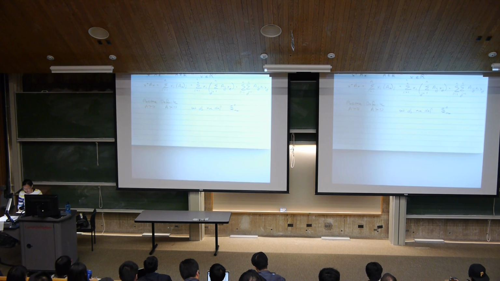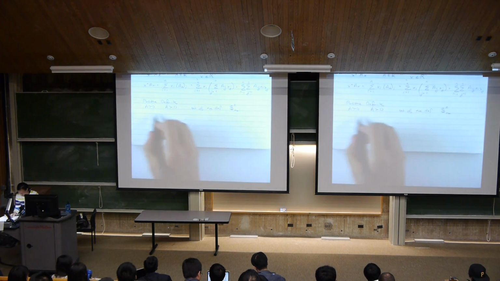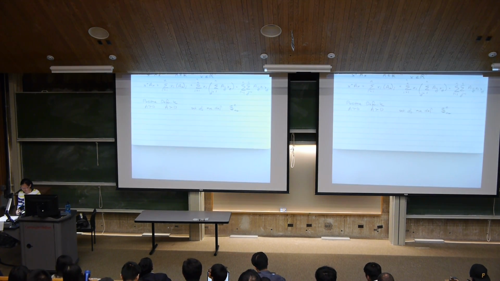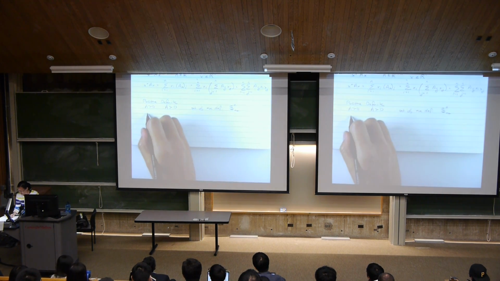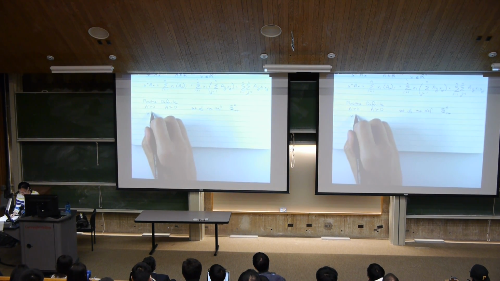A is a matrix, so that means the square form is actually greater than 0.